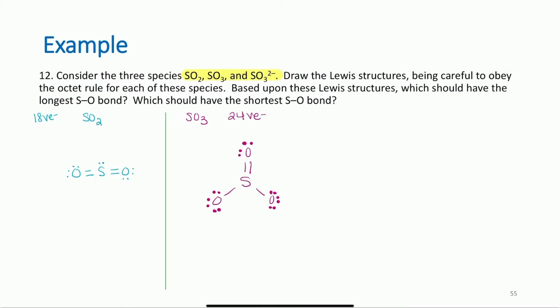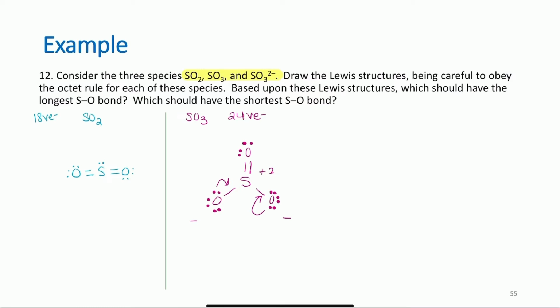If I look at this overall charge, the oxygen here has a -1, oxygen here has a -1, the sulfur has a +2. Could I, in theory, donate 2 more pairs of electrons from the 2 oxygens to form double bonds to sulfur? Yes, that would be a valid Lewis structure.